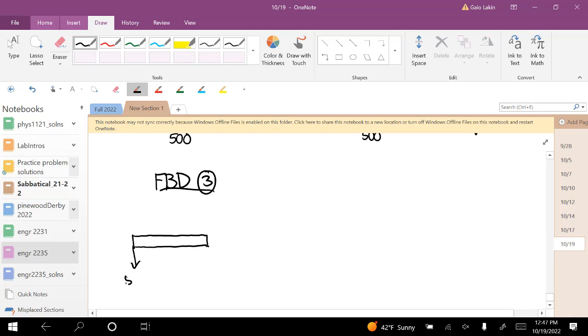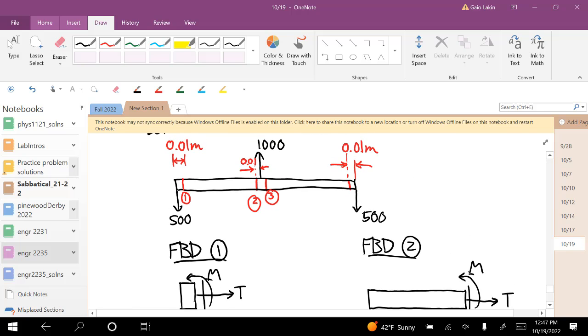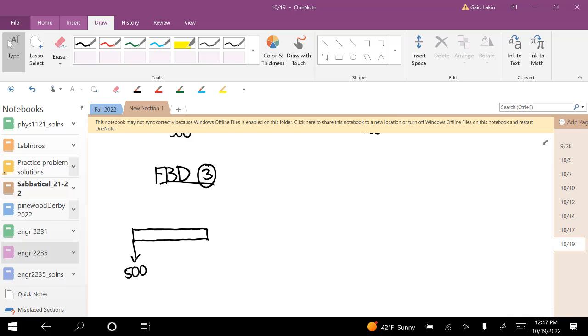And there's still the downward force of 500. Now what about the 1,000 Newton force? Now it is in there. It's here somewhere. Okay. And then we have the internal loads, T, V, and M.